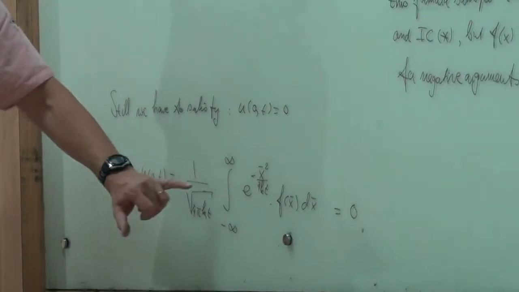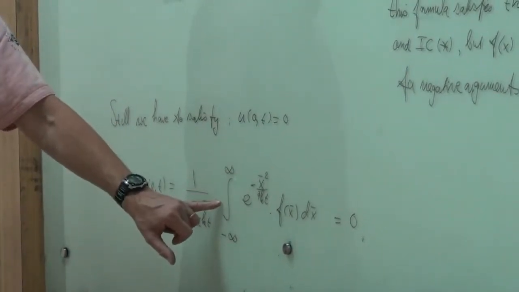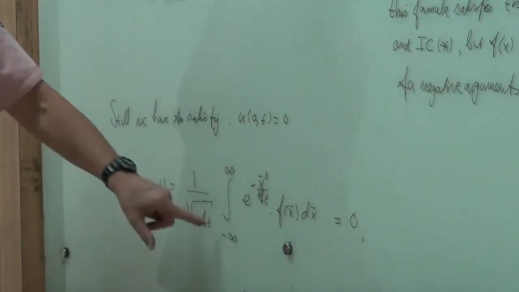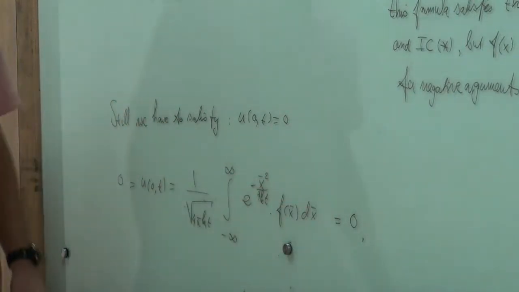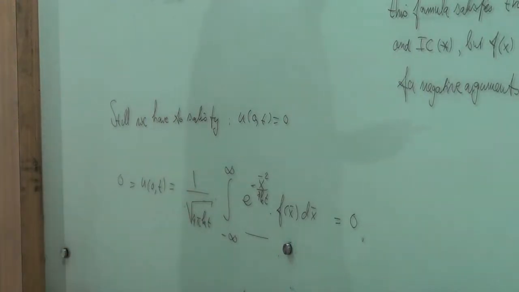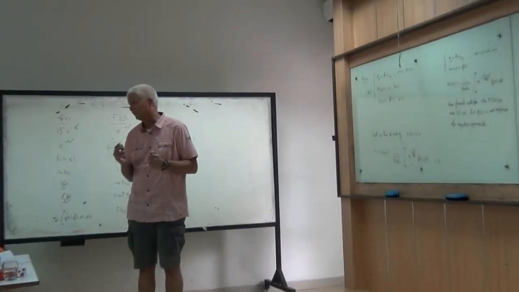I have here a symmetric integral around the point x bar is equal to 0, and whatever the f(x) is for positive values, this integral should give me something that is 0. What is the property of this function? e to the power minus x squared. That's a symmetric function, and that's also what we call an even function.